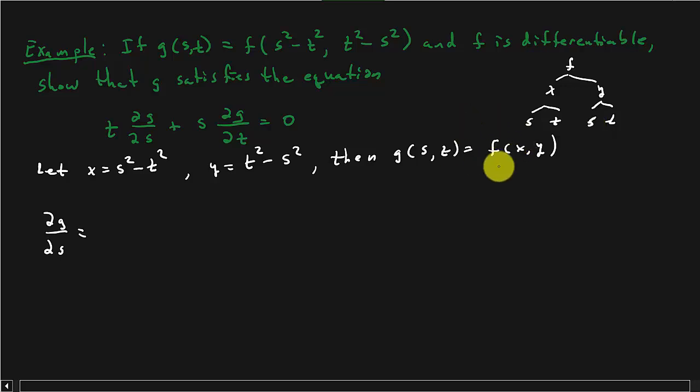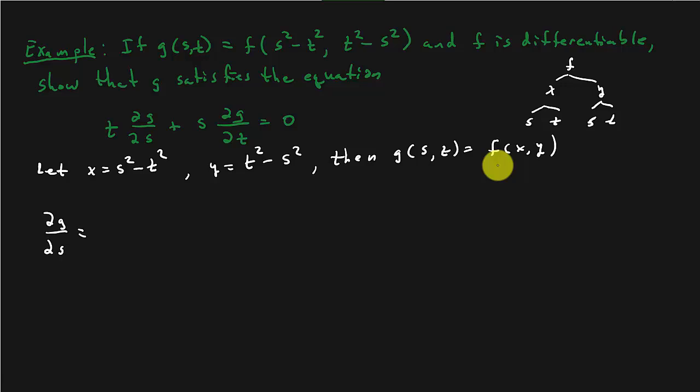So I'm going based on, we've got the f of x, y, and then x is a function in terms of s and t, y is a function in terms of s and t. And so we're finding the partial of g with respect to s. And remember, g is the same thing as f. G of st is the same thing as f of xy.